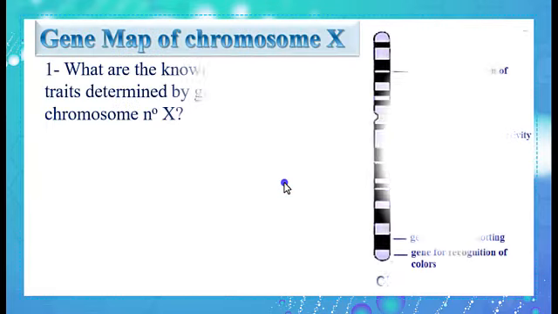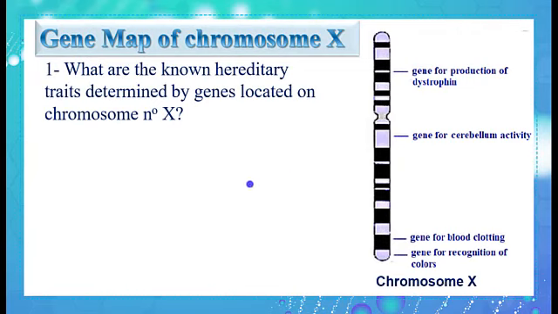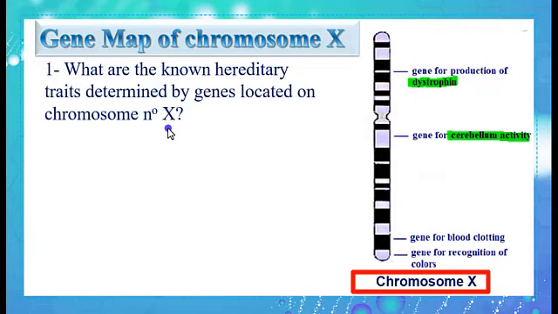This is another gene map, of chromosome X. If you look at chromosome X, what are the non-sexual traits determined by genes located on chromosome X? Here we have a gene for the production of dystrophin. Dystrophin strengthens muscle fibers and protects them from injury or damage.